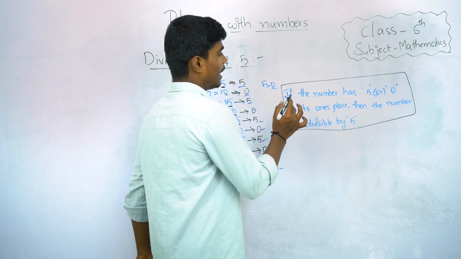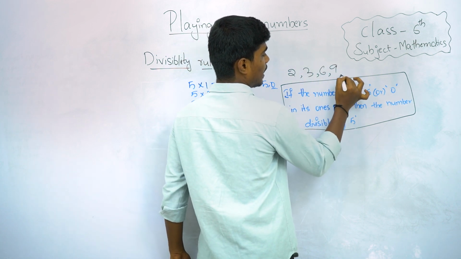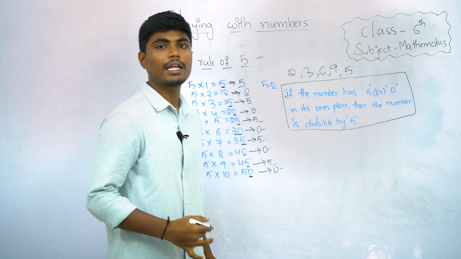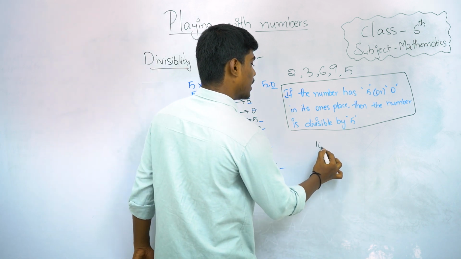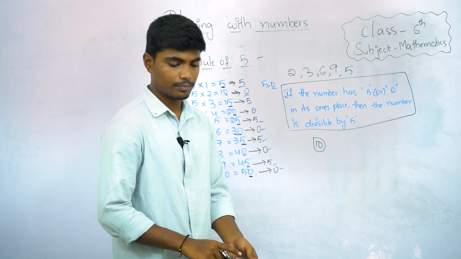Up to now, we have learned 2, 3, 6, 9 and 5. At last, the remaining number is 10. Now, we discuss the divisibility rule of 10.